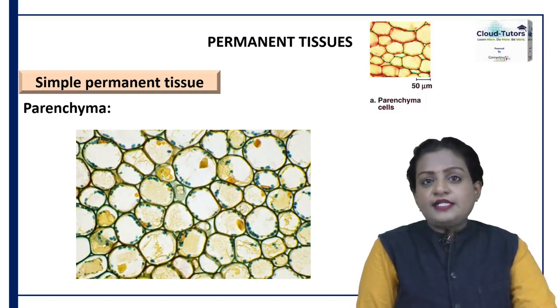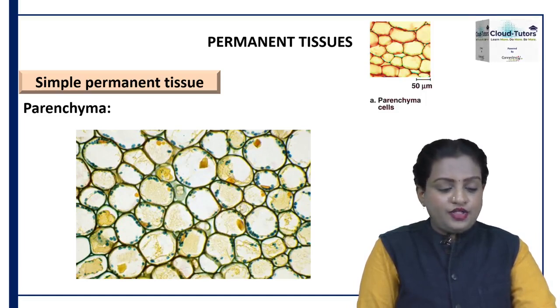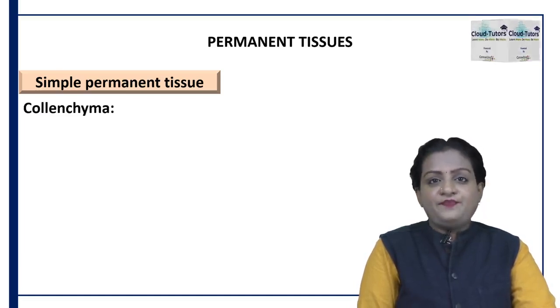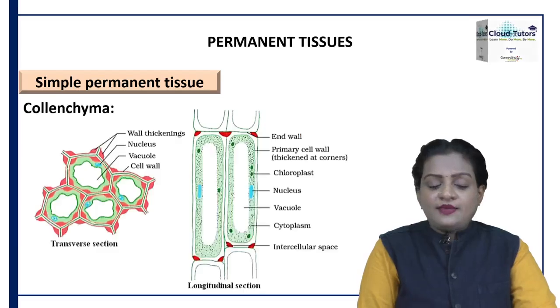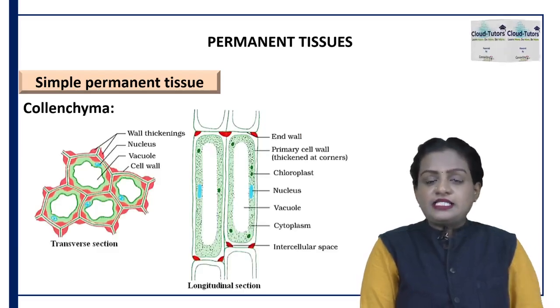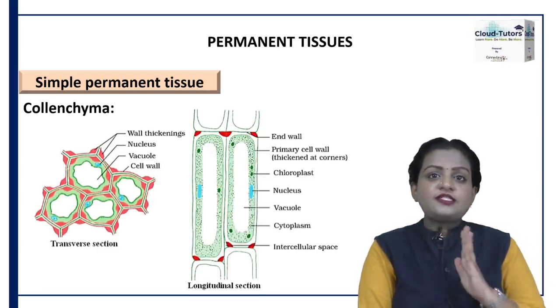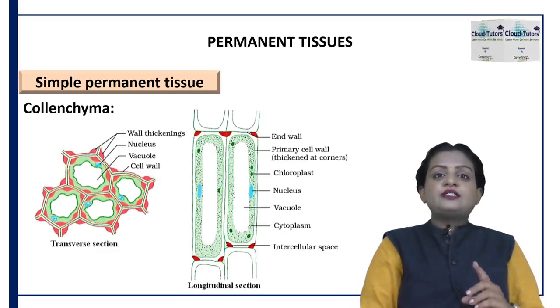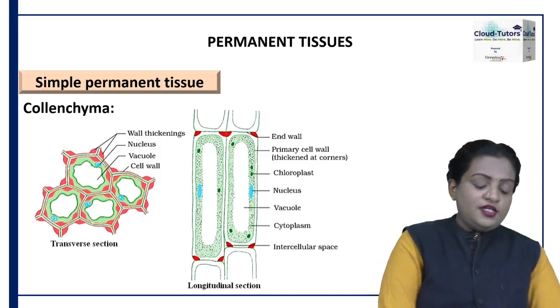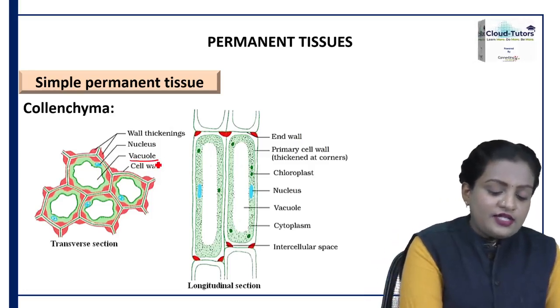Now coming to second type of simple permanent tissue, that is collenchyma. Collenchyma is also very similar to parenchyma. So it looks something like this under microscope. We have transverse and longitudinal section. So first coming to the transverse section. So you can see the large central vacuole.